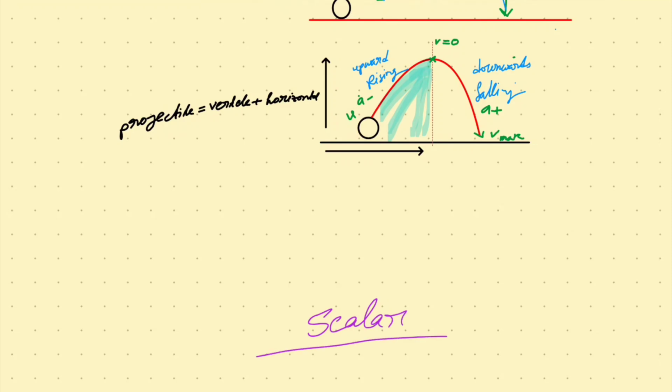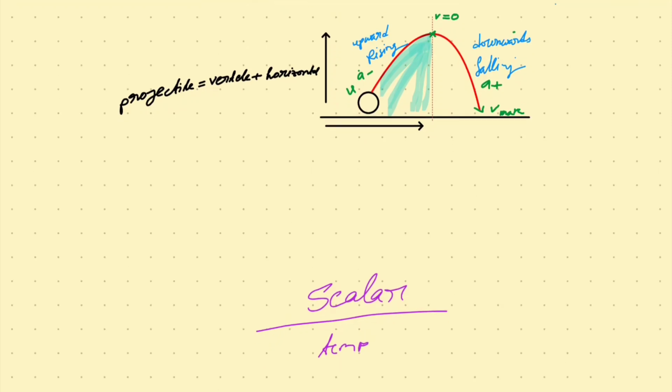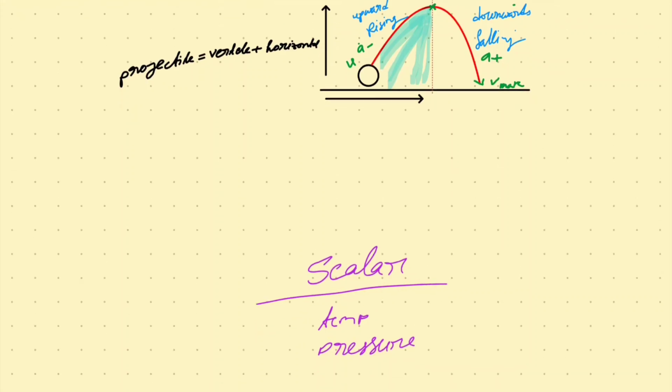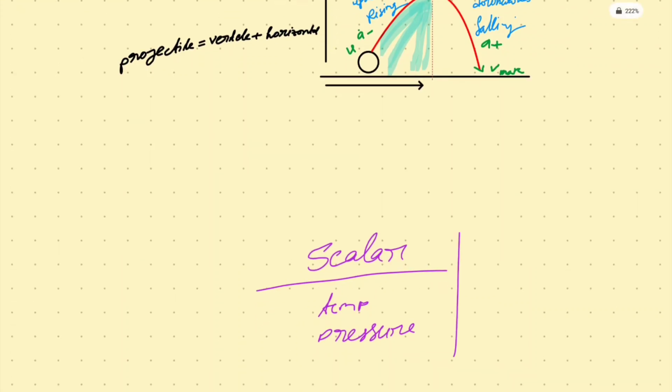Examples of scalars can be temperature and then pressure and a lot more. And examples of a vector can be force, displacement, not distance, displacement.